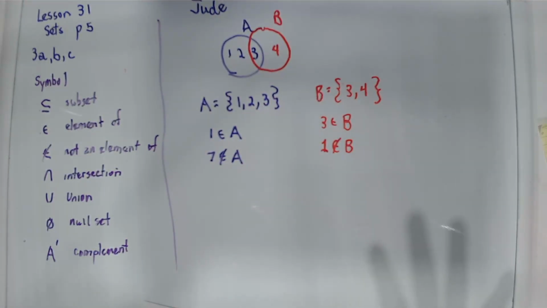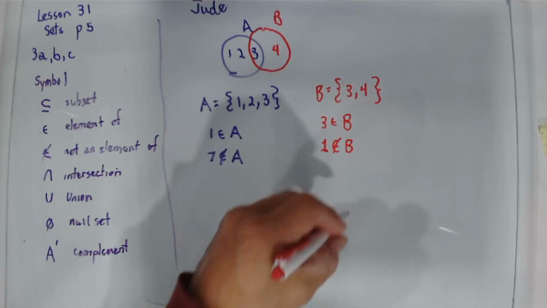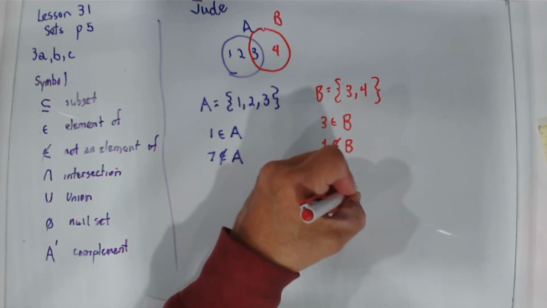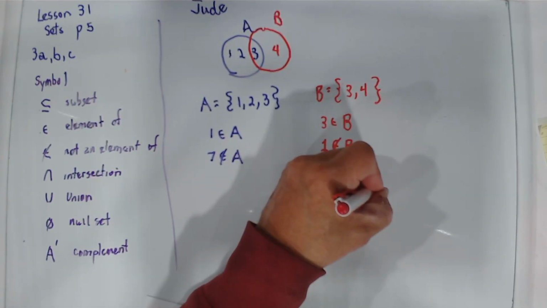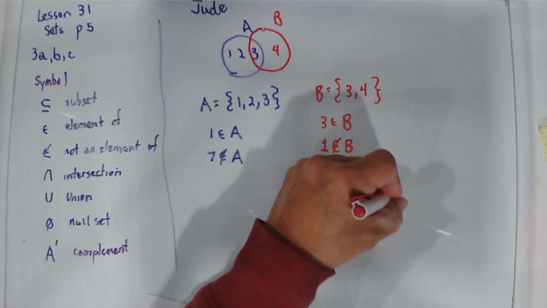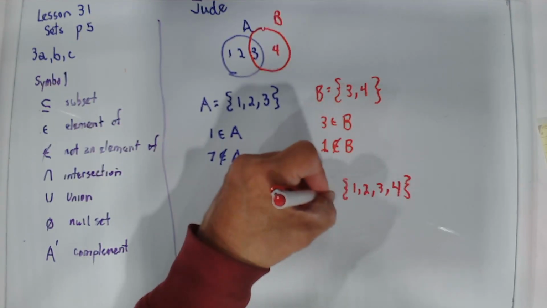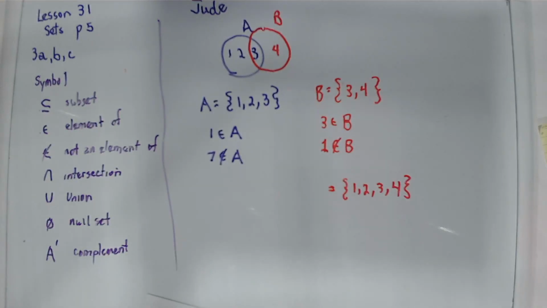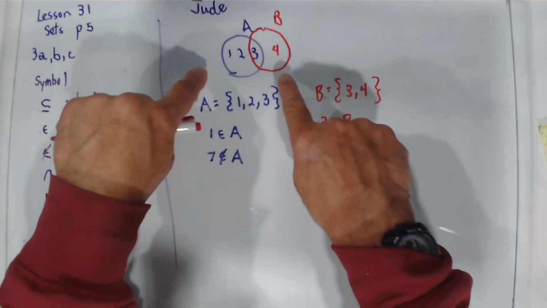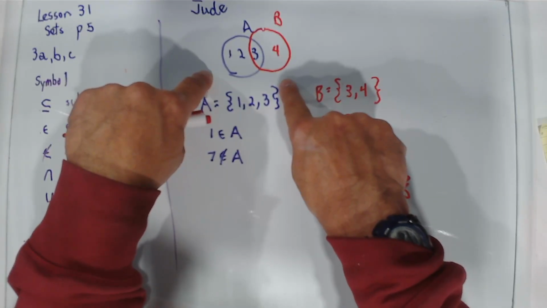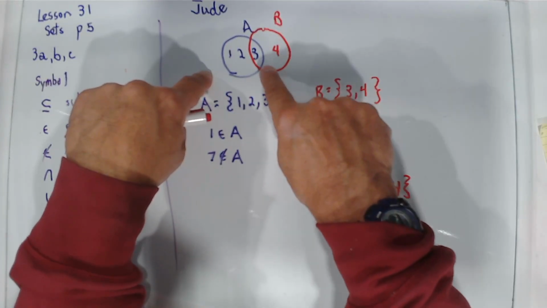So I have 4 elements. So I know it's going to be 1, 2, 3, and 4. So how would I write that? Well, if you look at this, I've got 1, 2, 3 here and 3 and 4 here.